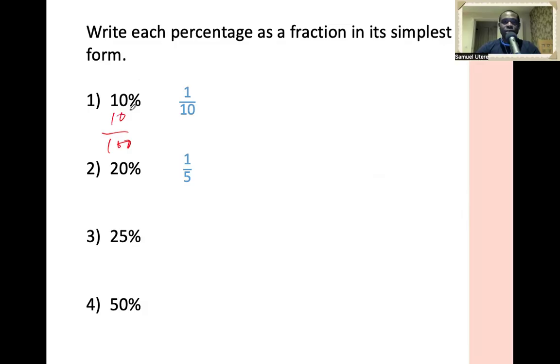That's what 10% means. 20% means you are going to have 5 lots of 20s out of the 100 square. 25% will be a quarter because you're going to have 4 lots of 25s. So 25% is a quarter. And then 50% is a half.